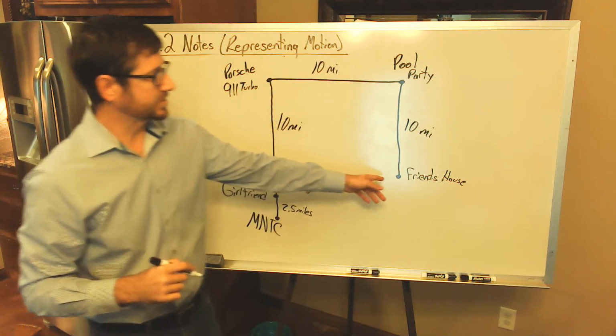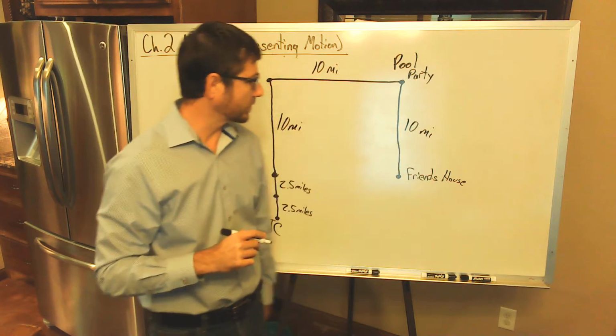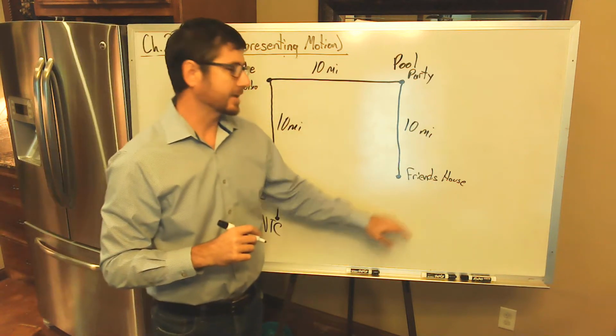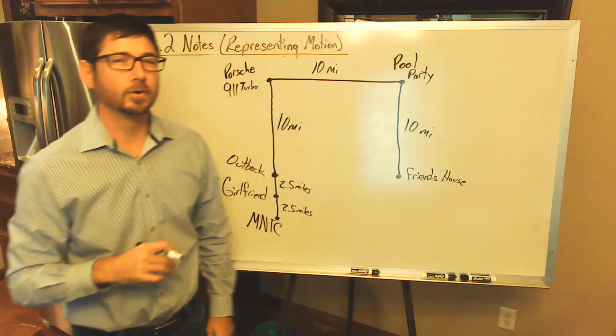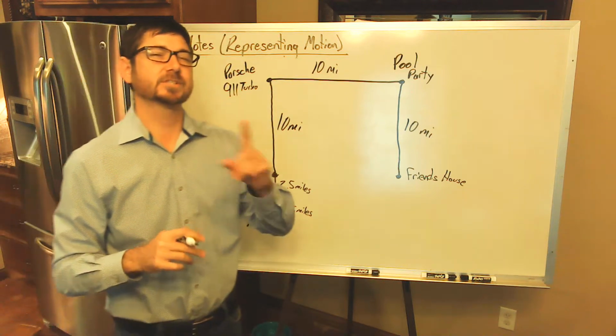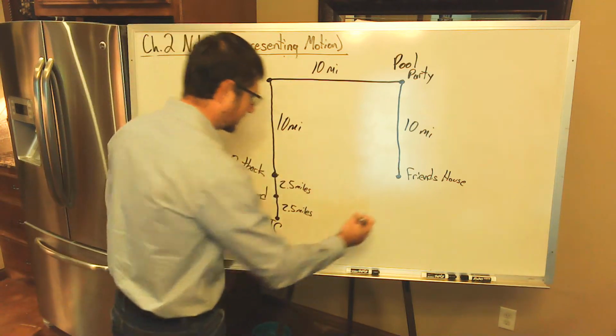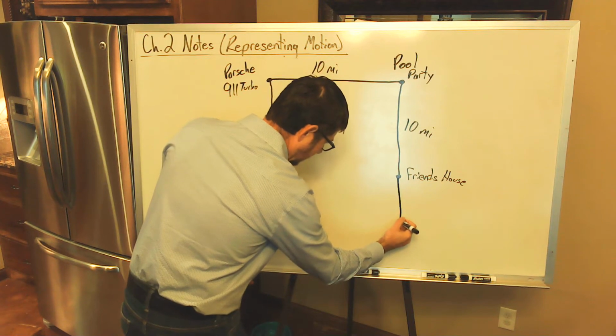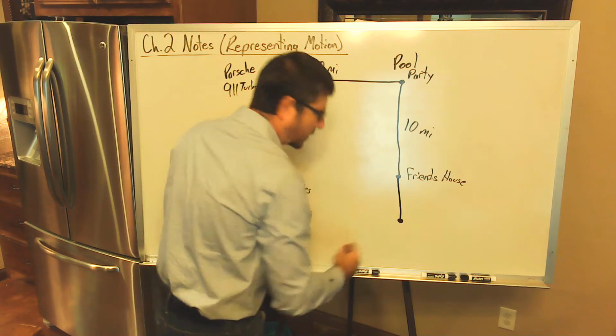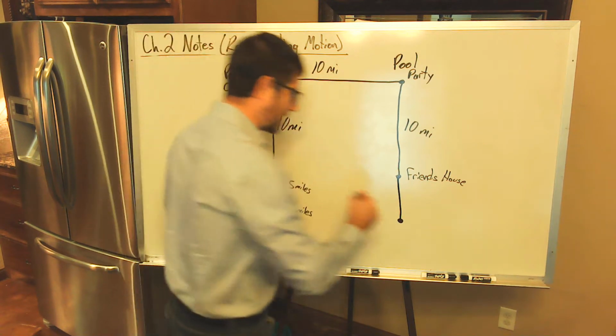Alright, so he drops his friends off, he hangs out with them for a while, and then Micah is like, hey, before I go home, I need to make one more stop today. Well, we all know what that stop is. That's going to be girlfriend number 2's house.